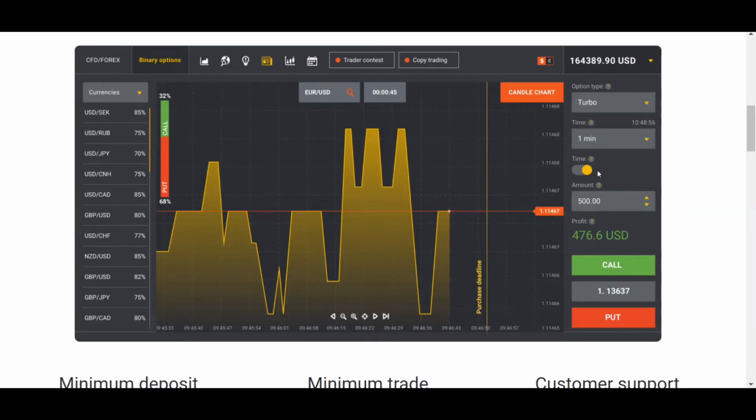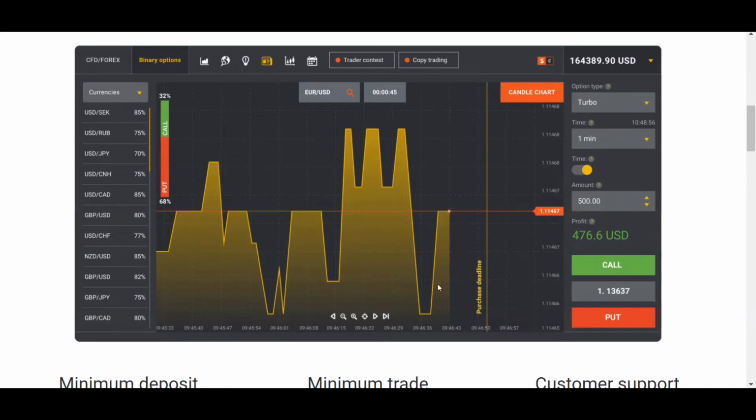fixed time off. So what that means is when it's on fixed time on, whenever you click call or put, meaning a buy or a sell, that means you get a full minute's time, a full 60 seconds if fixed time is on. If it's off, you have a little timer, and on that timer, it's counting down from 1 minute to, I believe, 30 seconds.